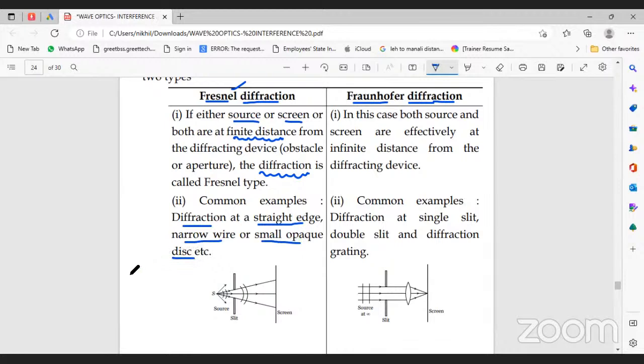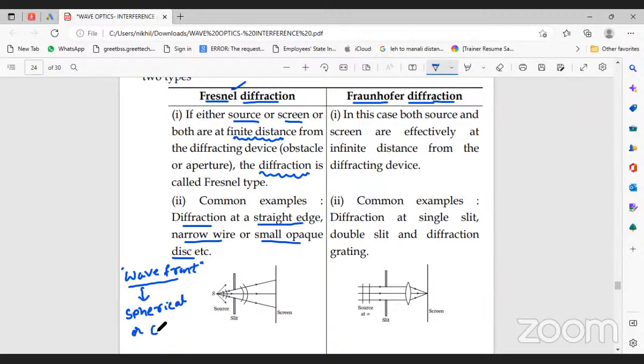Please remember, the wavefront we get in the Fresnel diffraction is either spherical or cylindrical. So what type of wavefront do we obtain in the case of Fresnel diffraction?